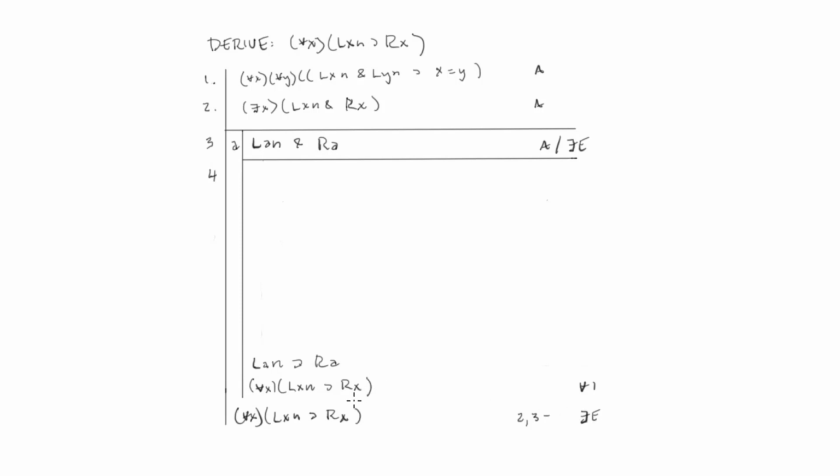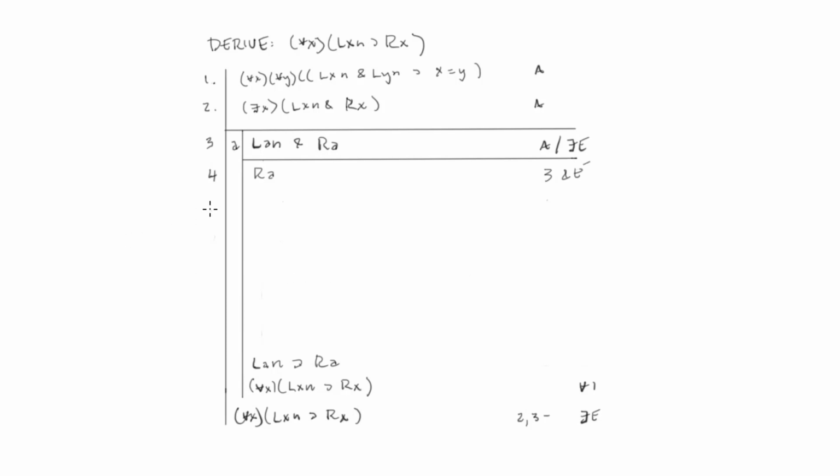How am I going to get it inside there? Well, I could get it by universal introduction on a sentence that looks kind of like this. And so let's take a look at how that might go. Suppose that I just take RA here off of line 3 by conjunction elimination.